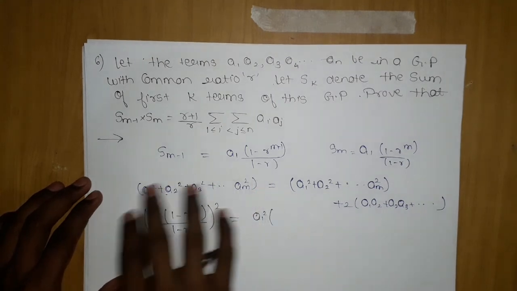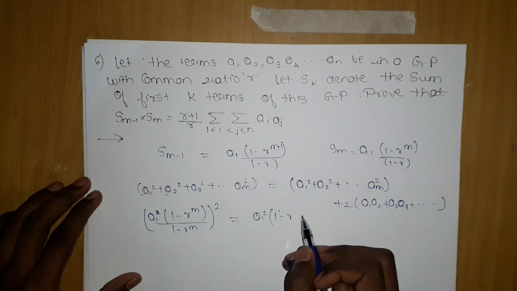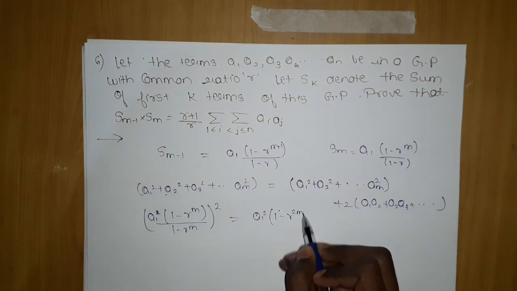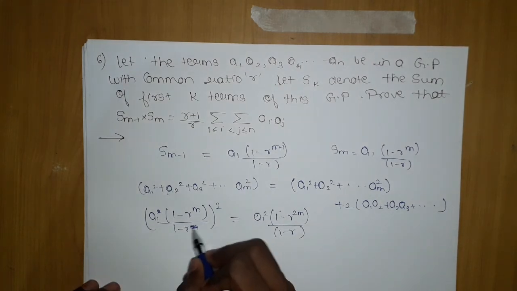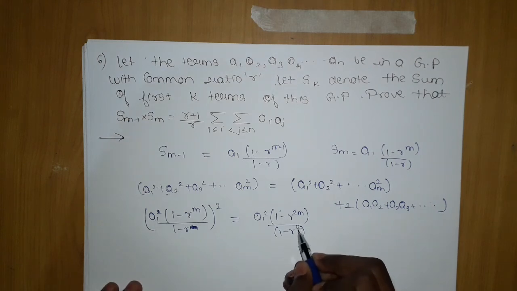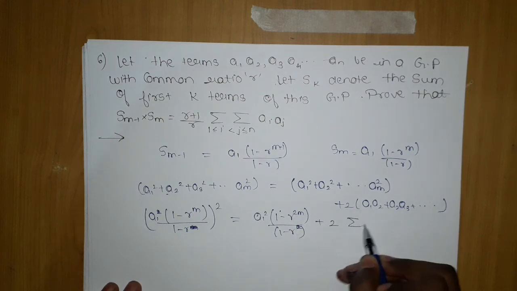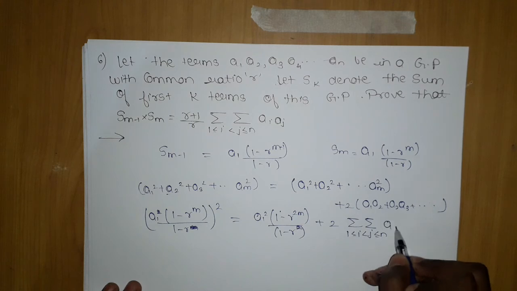So it will be 1 minus the ratio, and the ratio here will become twice, r^(2m), upon 1 minus r square, and this will be 2 into the summation over 1 ≤ i < j ≤ m of ai aj.